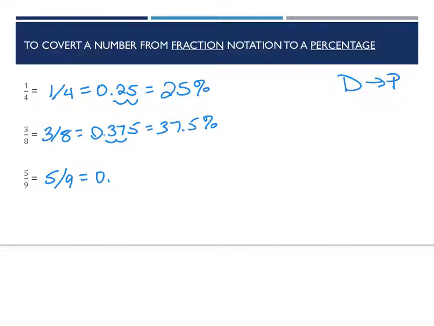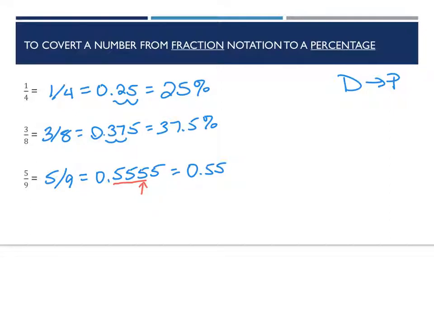Well, I only need 3 decimal places, but what that means is I need to observe 4. So this is not my answer. And my answer, I just want 3 decimal places. So I know I'm going to have 0.55. The question is, what's the last digit going to be?